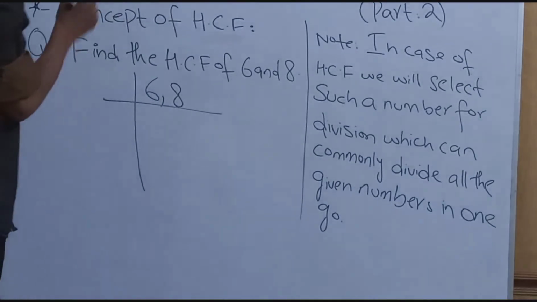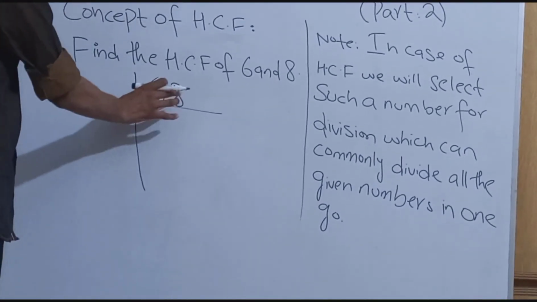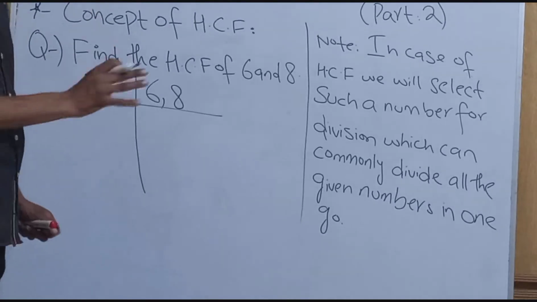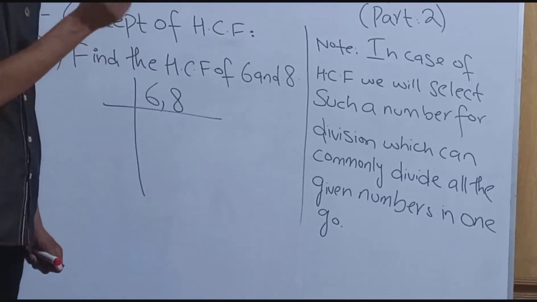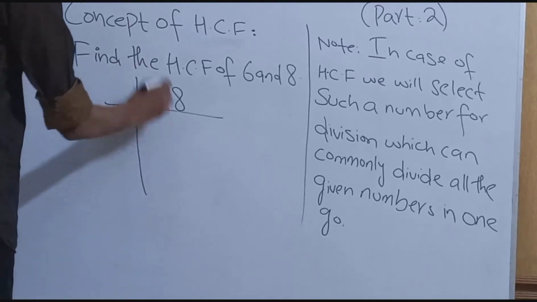This means we can only divide 6 and 8 by prime numbers. We know that we can only divide these numbers by prime numbers, and we will select such a number which can divide both these numbers.